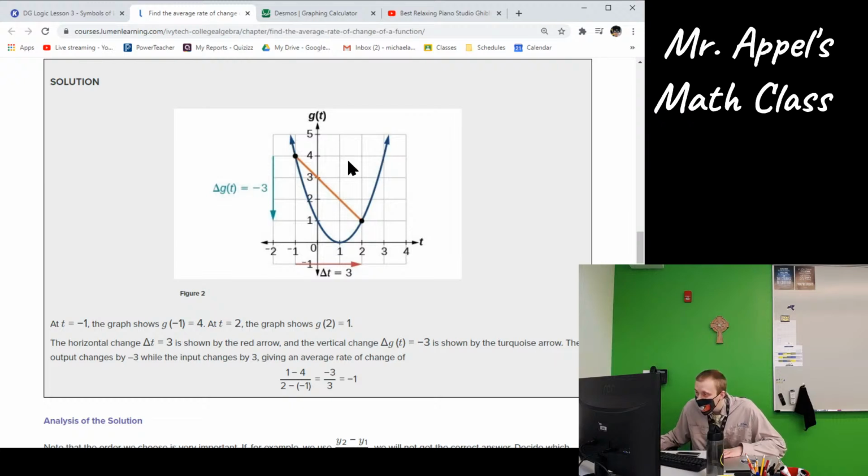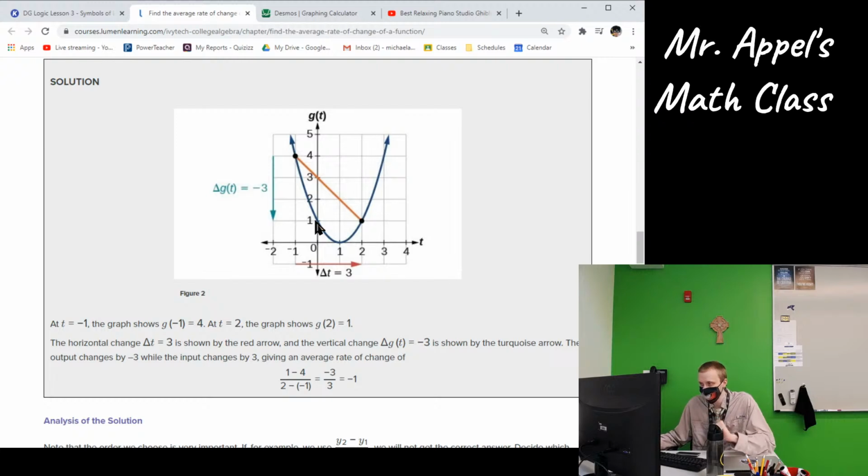You could also, if you went from the rate of change between 0 and 2, that would be a straight across horizontal line here. You'd get an answer of 0. You'd say, oh, there is, on average, no rate of change between 0 and 2. Right? That's okay. Because it dipped down and then it came right back up.